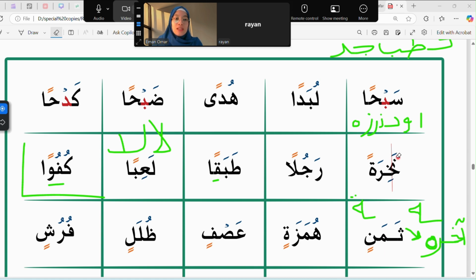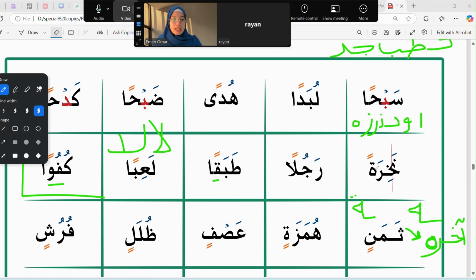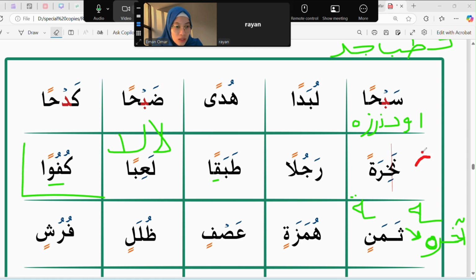That means it's letter noon. One dot on the top. That's what we said with noon. What's special about noon is only one dot on the top, right?